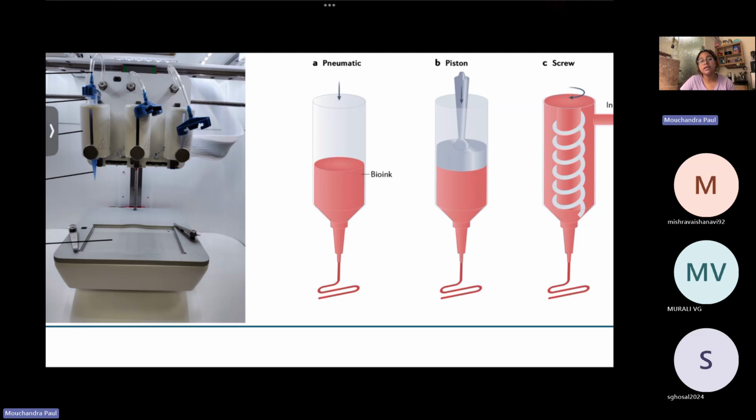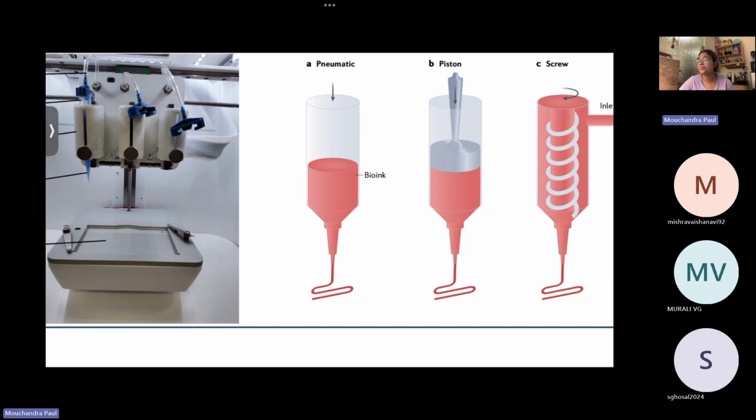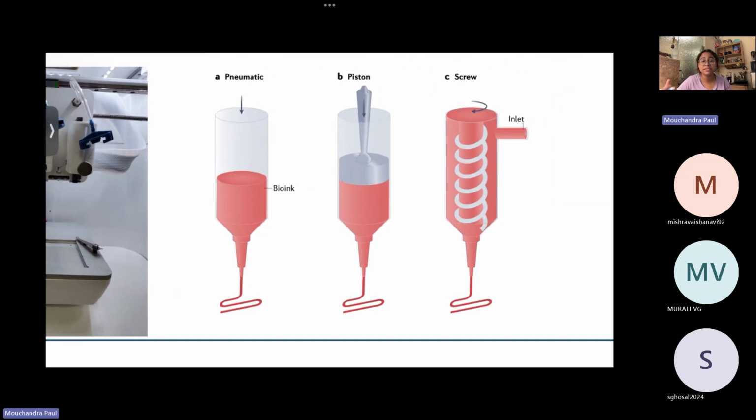Then mechanically also you can push the bioink. People use a piston or screw. Both of these, piston and screw, are directly in contact with the bioink. In pneumatic, there is no mechanical counterpart that gets in touch with the bioink, right? So this pneumatic system can be used for relatively low viscosity bioinks, whereas if the viscosity is very high, then you use mechanical systems like a piston or a screw.